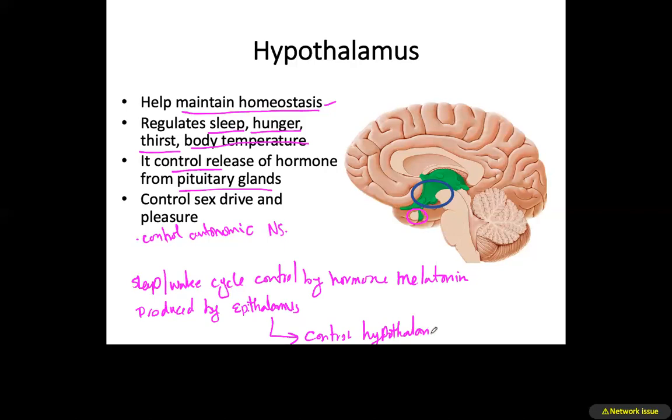So, in another sense, epithalamus produces the hormone melatonin, but this hormone melatonin cannot be released from your epithalamus until your hypothalamus sends a signal that it is okay for that hormone to be released. So, technically, your hypothalamus is the one that controls your sleep and wake cycle because it controls the epithalamus and the release of the hormone melatonin.